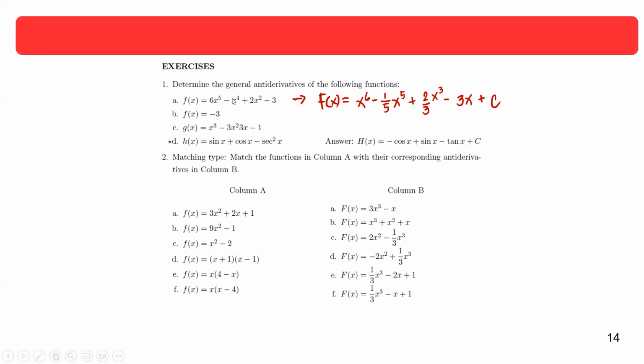And there's no 5 in front of the x to the 4. That means we need to have a 1/5 in front. And then, the derivative of x cubed is 3x squared. Why is there a 2 here? There's no 3, so we remove the 3 and supply a 2. And so on. Okay? So this is correct.